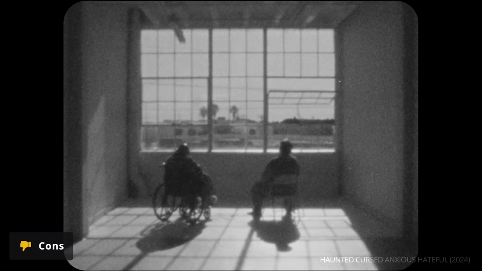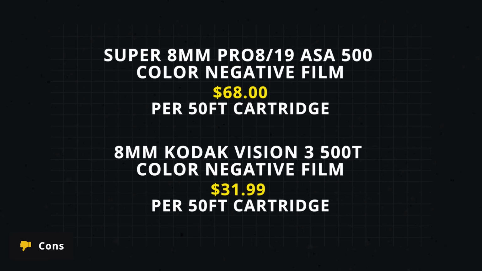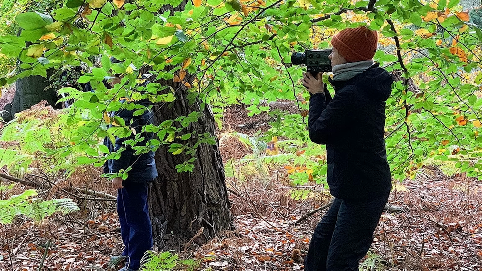Super 8 can't be projected on regular 8mm projectors, and it still has a relatively limited resolution. Additionally, because it can so quickly create a nostalgic and old-school look, its film stock typically isn't actually very cheap. But for some, it's still worth it.